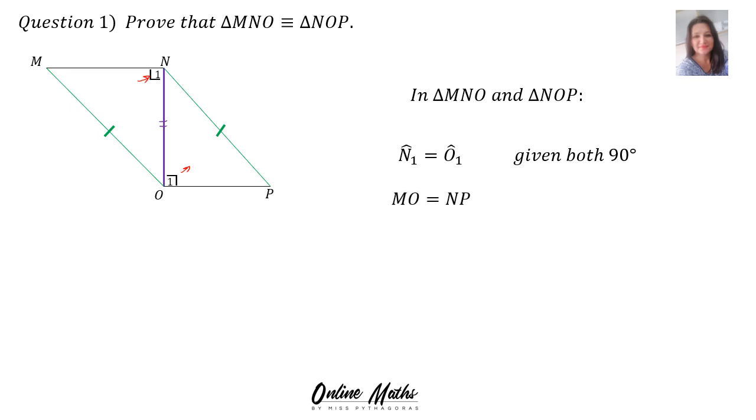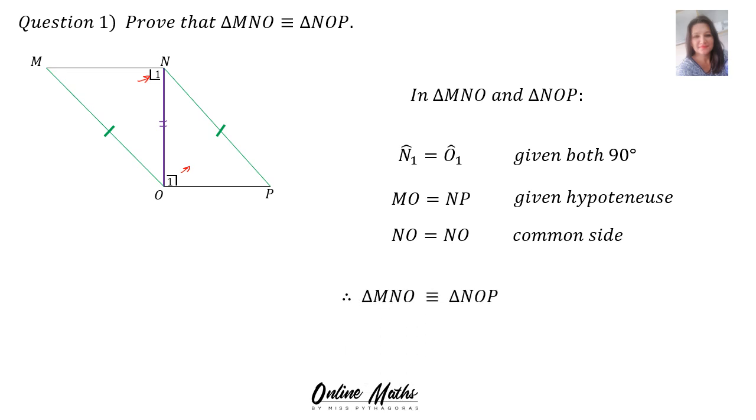MO side is equal to side NP, that was given, and they are both hypotenuse. And then we can say that NO is equal to NO, that one is the common side. Therefore, triangle MNO is congruent to triangle NOP, and the reason RHS. And remember, that stands for right angle hypotenuse side.